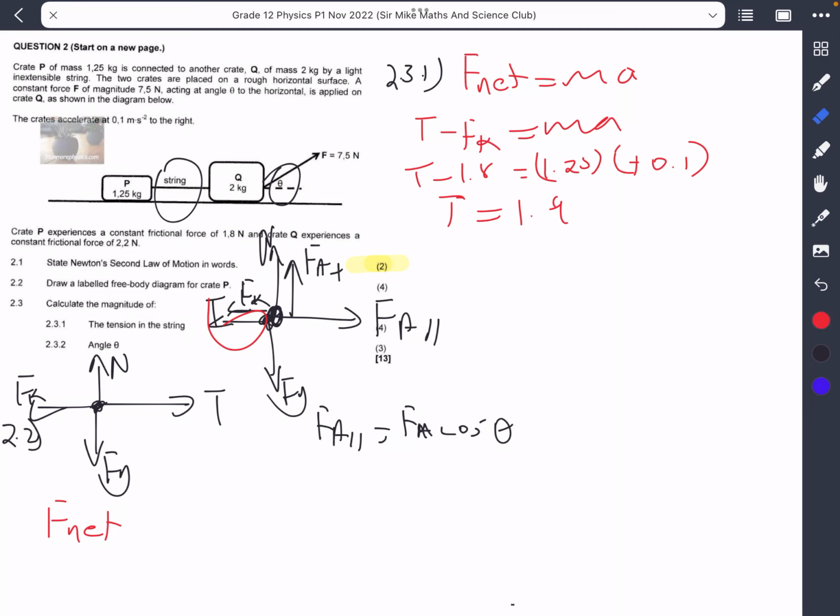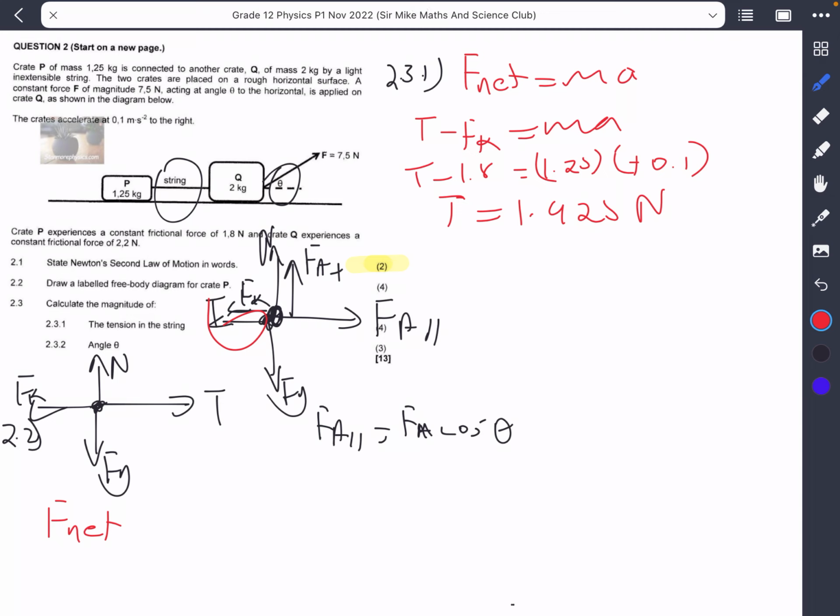So that would be 1.925 Newton. Now remember, they said that they want the magnitude.